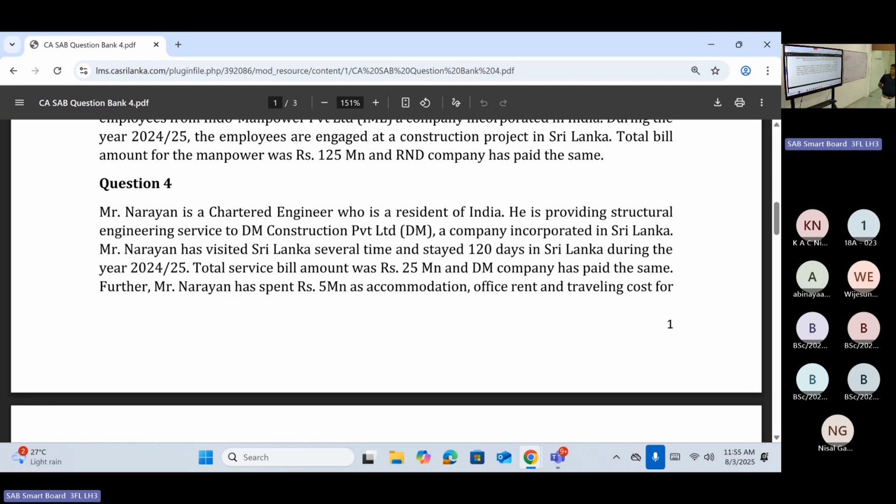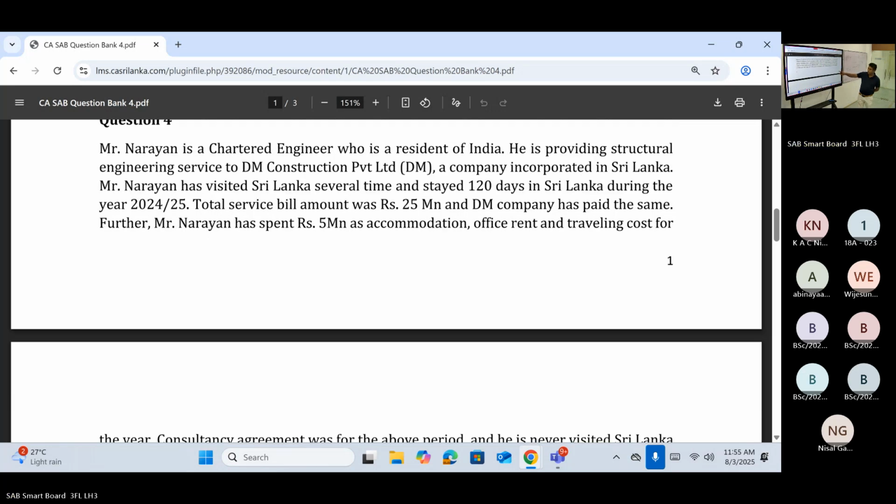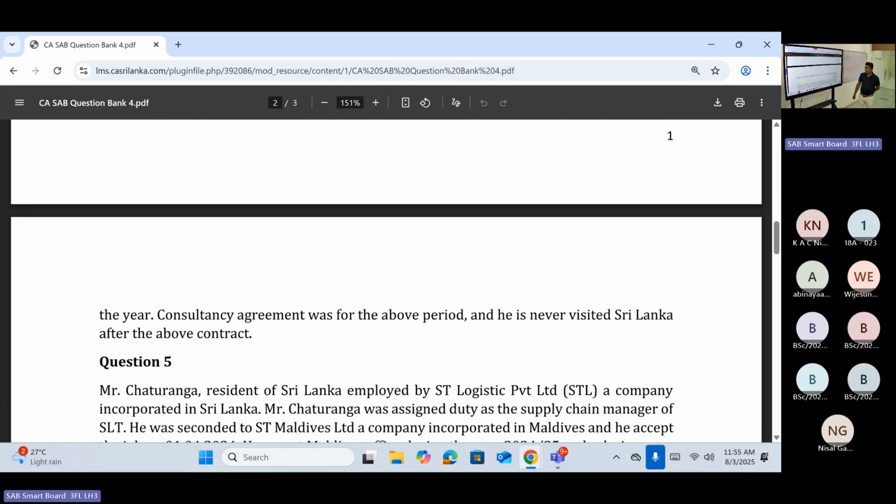Mr. Narayan has visited Sri Lanka several times and stayed 120 days in Sri Lanka. During the year 2024-25, the total service bill amount was rupees 25 million and DM company has paid the same. Further, Mr. Narayan has spent rupees 5 million on accommodation, office rent and travelling cost for the year. The consultancy agreement was for the above period and he never visited Sri Lanka after the above contract.